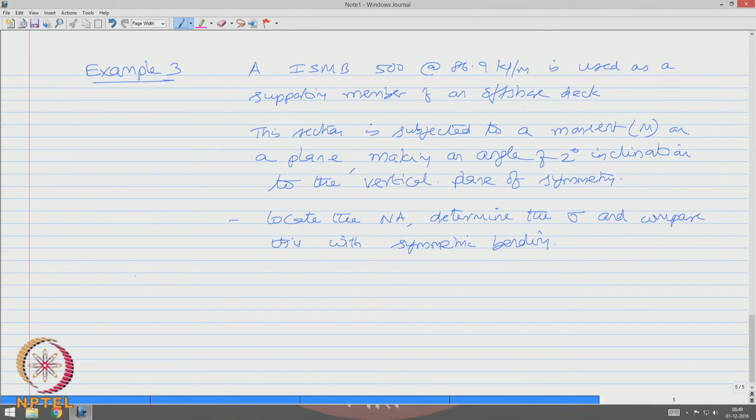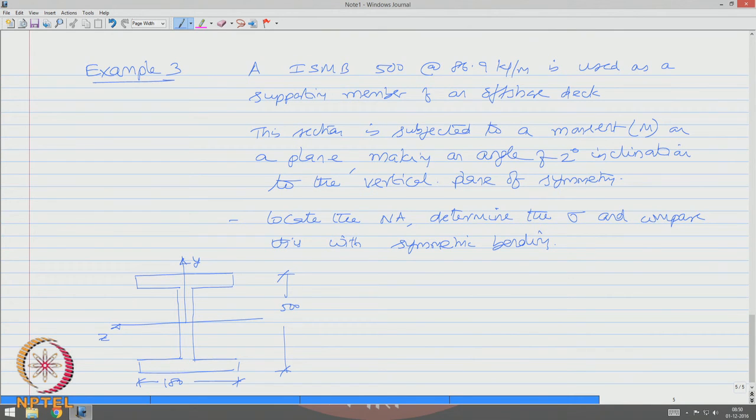So, essentially there is an I section which has got 2 axes of symmetry, y axis and z axis. It is ISMB 500. The properties are given in the steel tables.